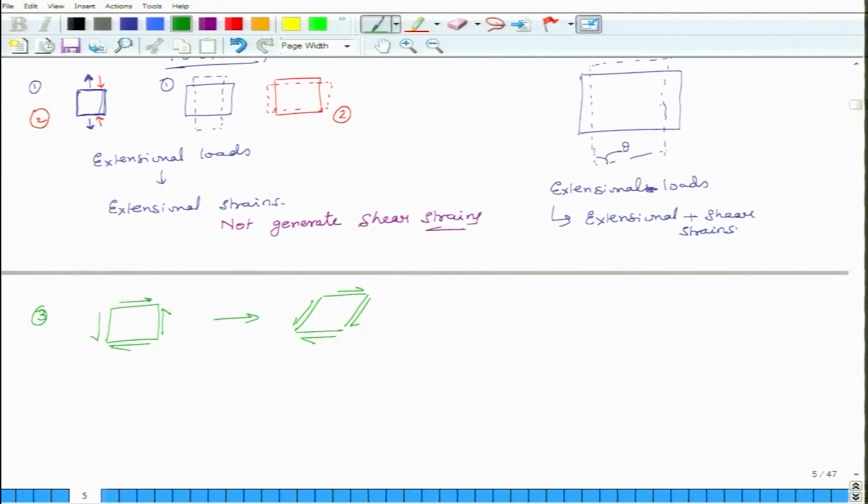Okay? So for isotropic cases, shear loads only generate shear strains.